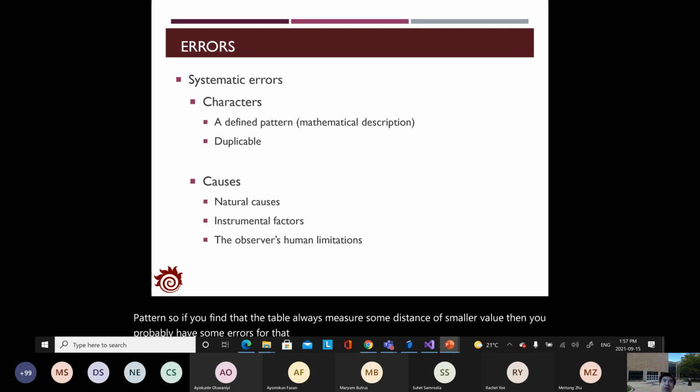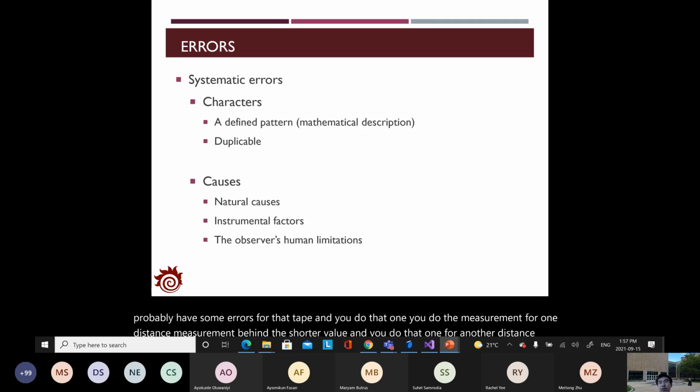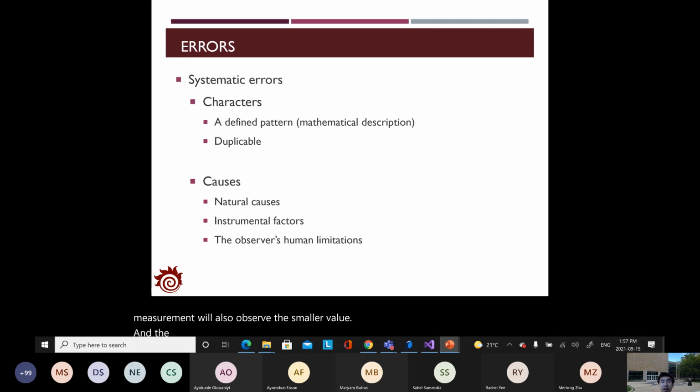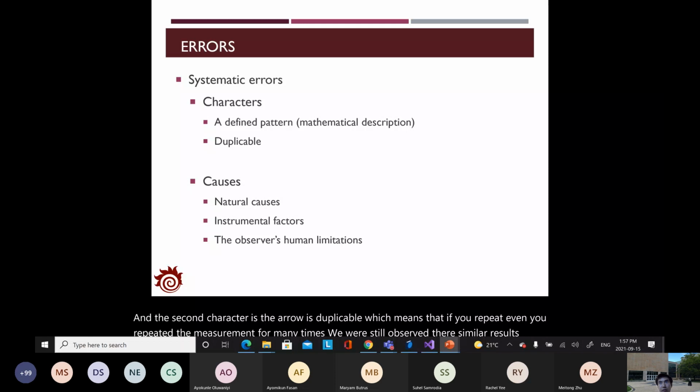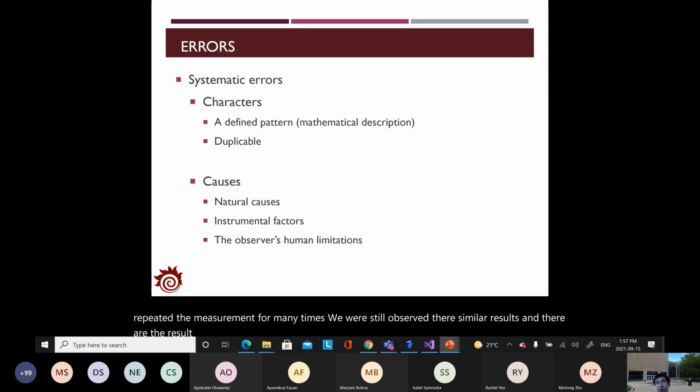You measure one distance and get a shorter value, and you measure another distance and also observe a smaller value. The second characteristic is that the error is reproducible, which means that even if you repeat the measurement many times, you will still observe similar results. If it's smaller, it will always be smaller.